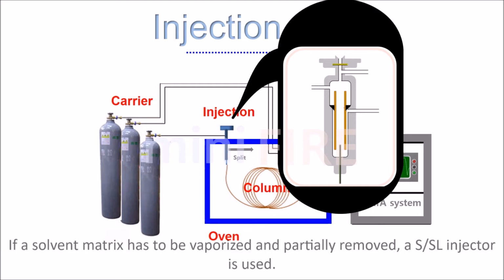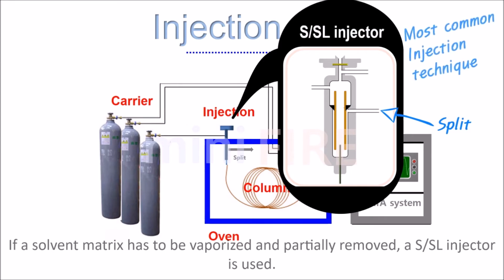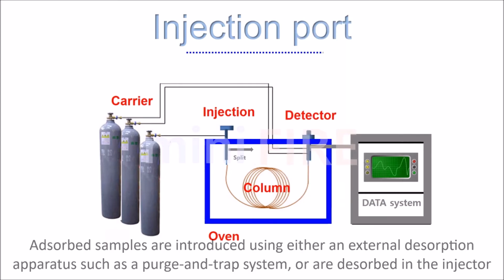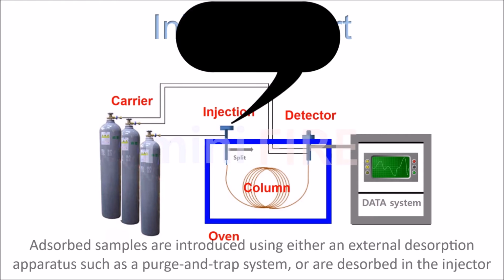If a solvent matrix has to be vaporized and partially removed, a split-splitless injector is used. Adsorbed samples are introduced using either an external desorption apparatus such as a Purge Trap system or are dissolved in the injector.